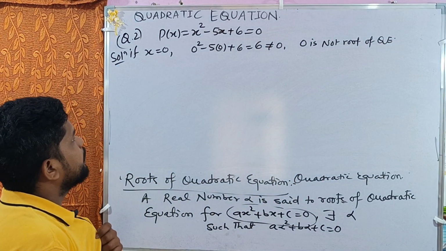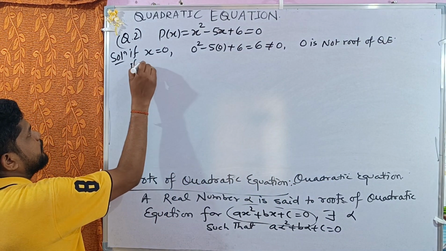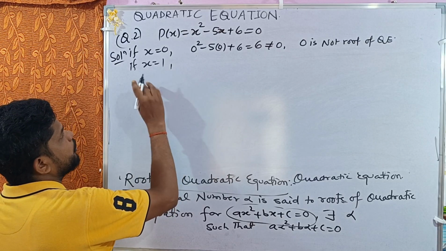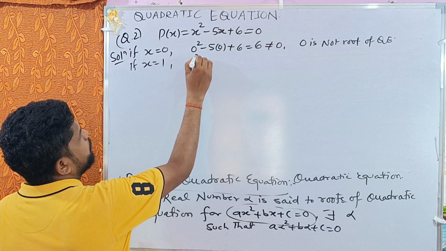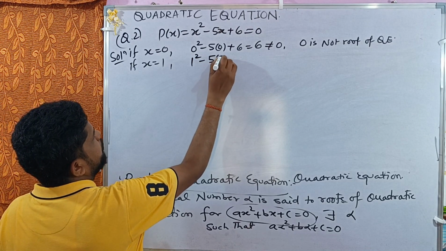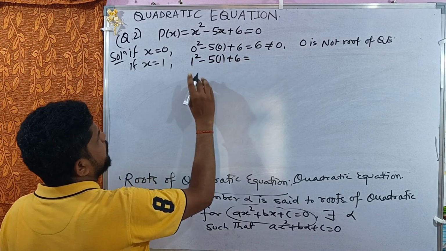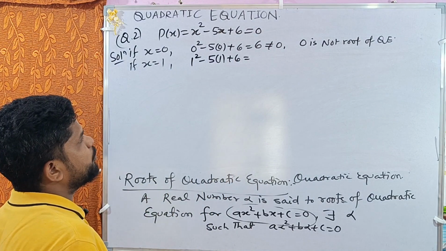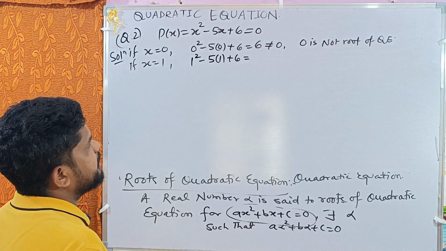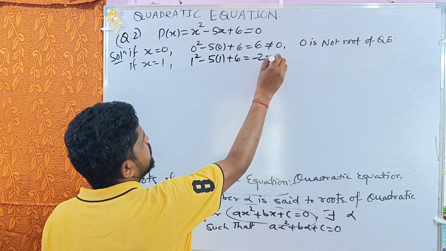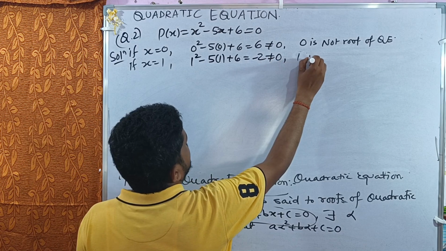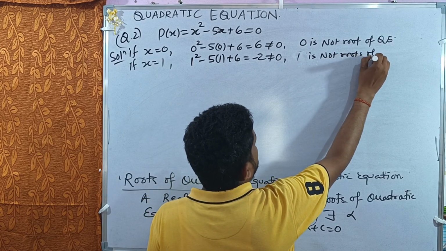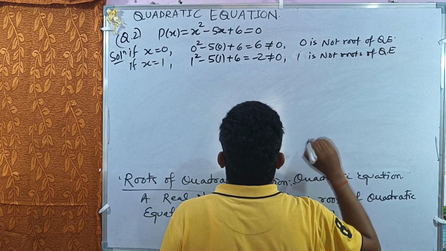If I put the value of x equals 1, we will get 1 square minus 5 into 1 plus 6, which is 1 square is just 1, minus 5 is minus 4, plus 6 is 2. So this is 2, which is not equal to 0. So 1 is not a root of the quadratic equation.